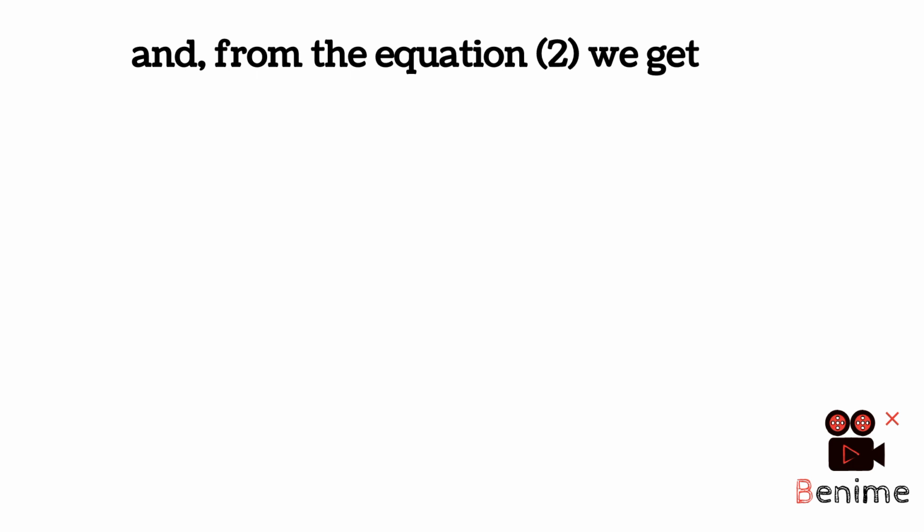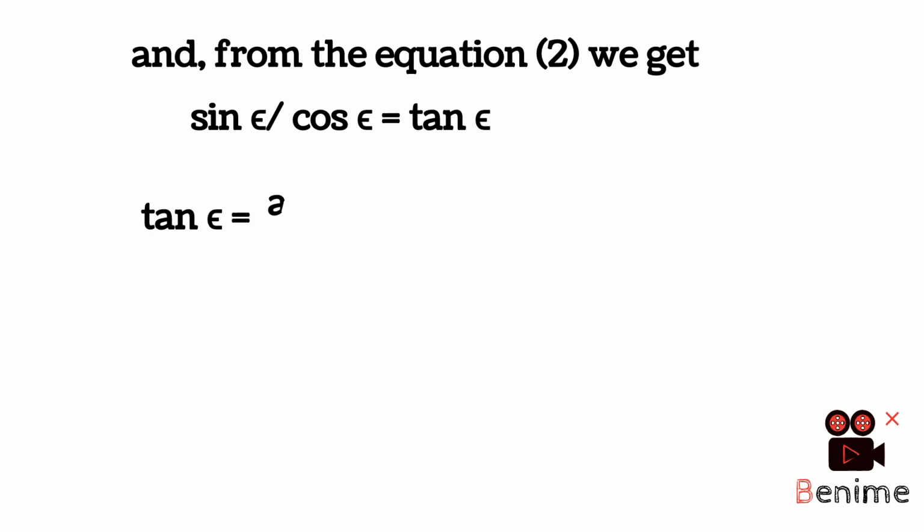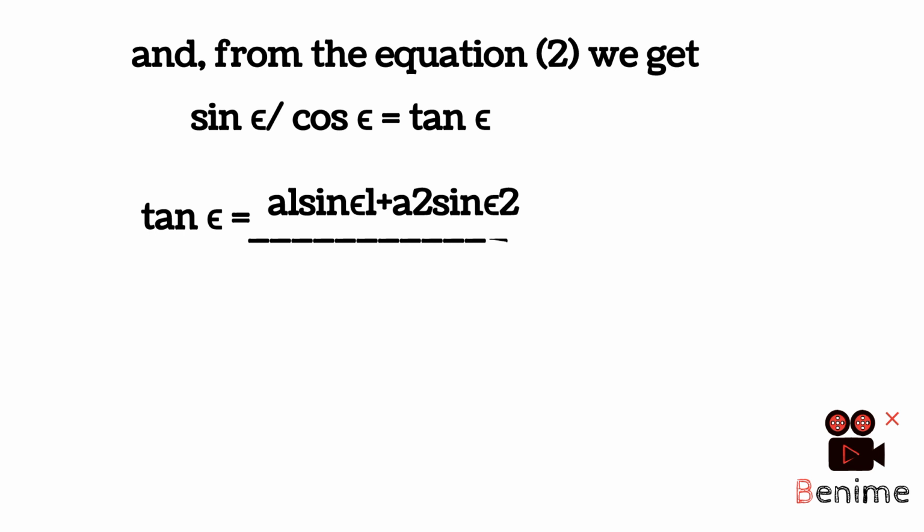And also from equation 2, we get the epoch. Sin epsilon divided by cos epsilon is equal to tan epsilon. Tan epsilon is equal to (a1 sin epsilon 1 plus a2 sin epsilon 2) divided by (a1 cos epsilon 1 plus a2 cos epsilon 2).